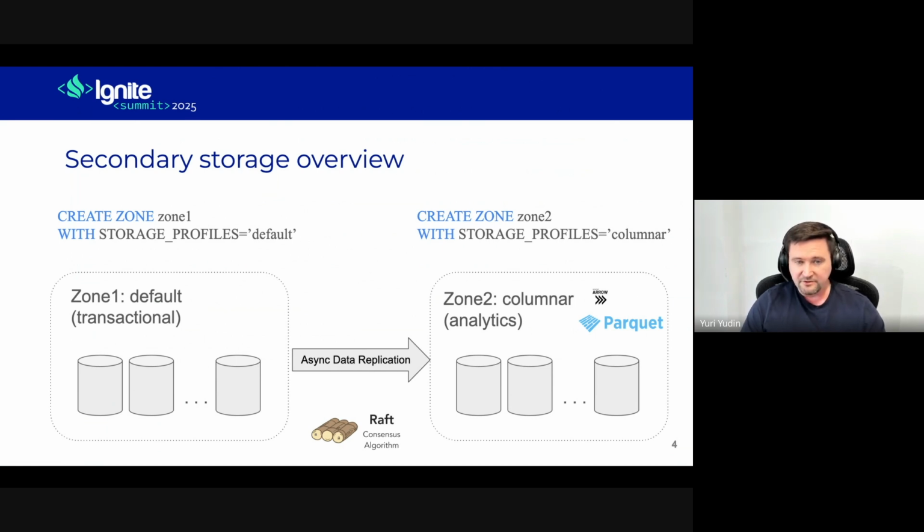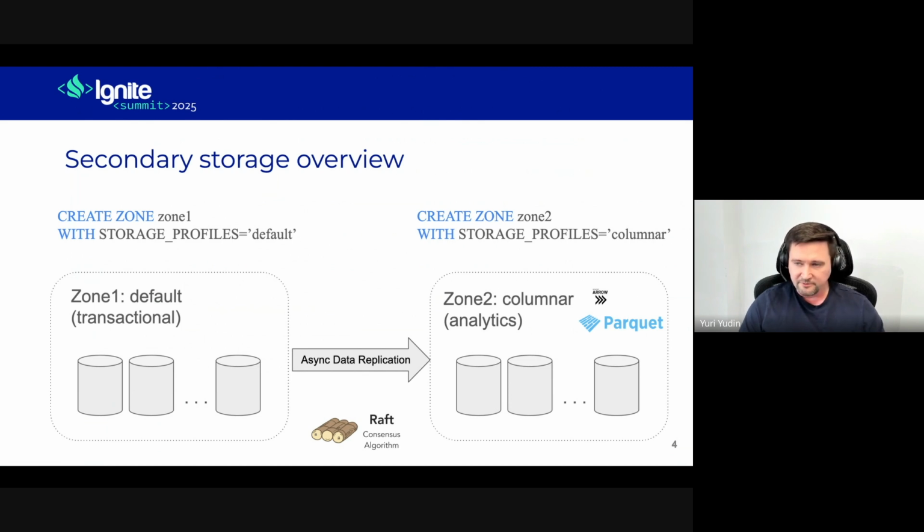We are leveraging the Raft-based core of Ignite 3 here, extending and adding new replication mechanisms. And with the concept of distribution zones, one can both collocate and segregate primary and secondary zones on the same or different nodes. We do recommend segregation because you probably don't want your heavy analytical queries to impact your transactional load on the cluster, but if you really want to do that, you can as well.